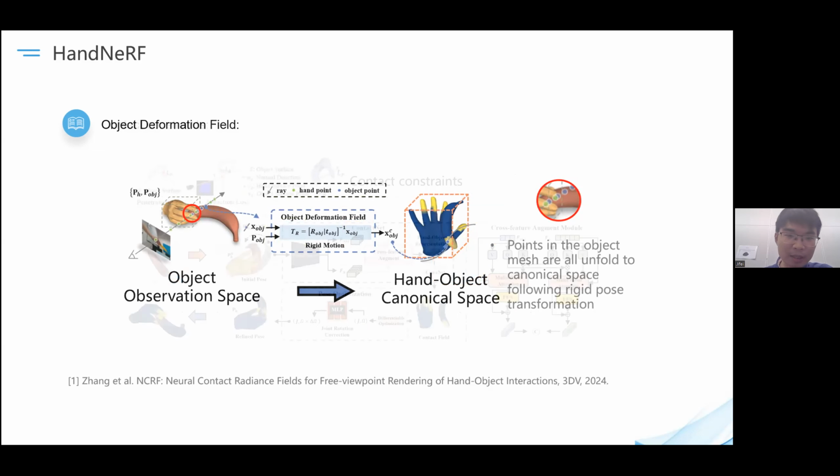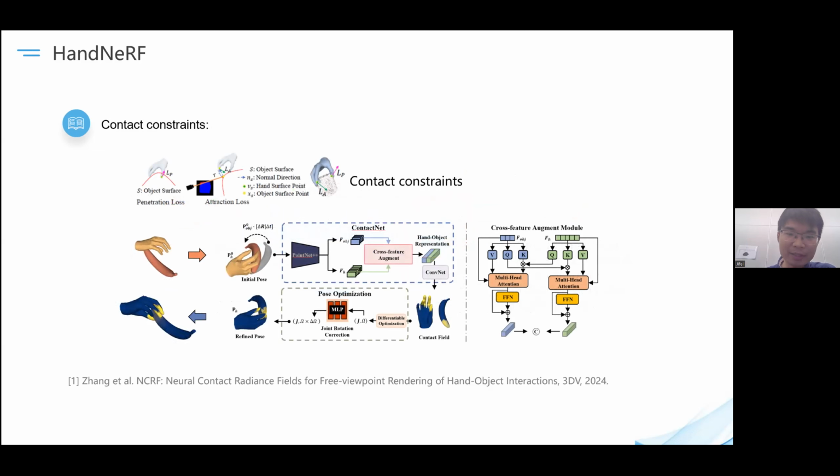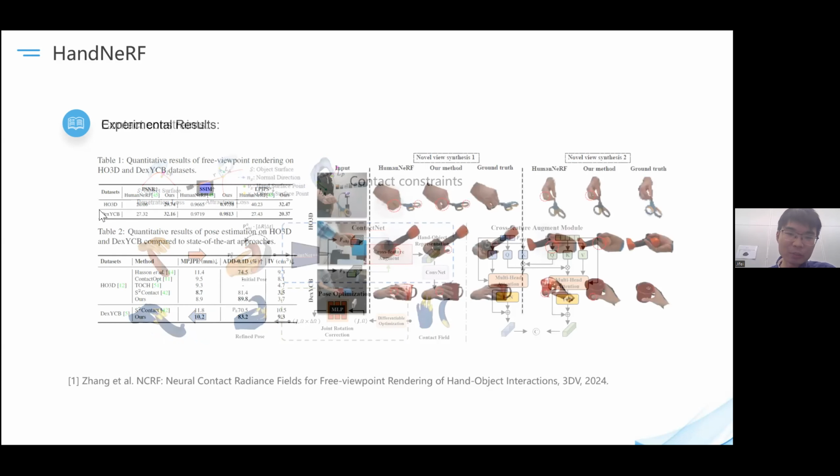We also apply contact constraints, because when we try to grasp an object, there is some prior knowledge like this contactness. So we further apply the contact constraints to make sure the hand contacts the object in a nice way. With all the modules together, our method can model the hand and object well.